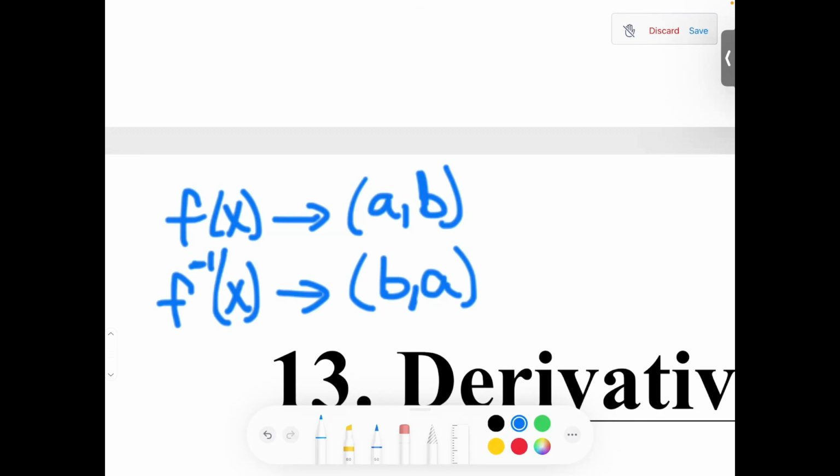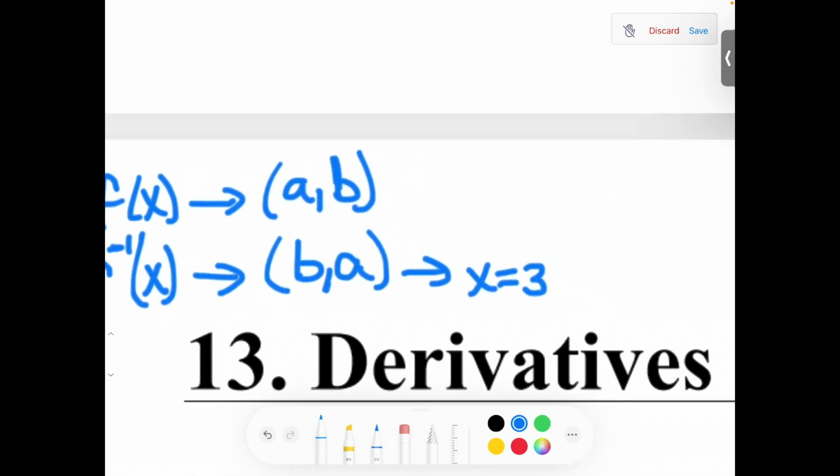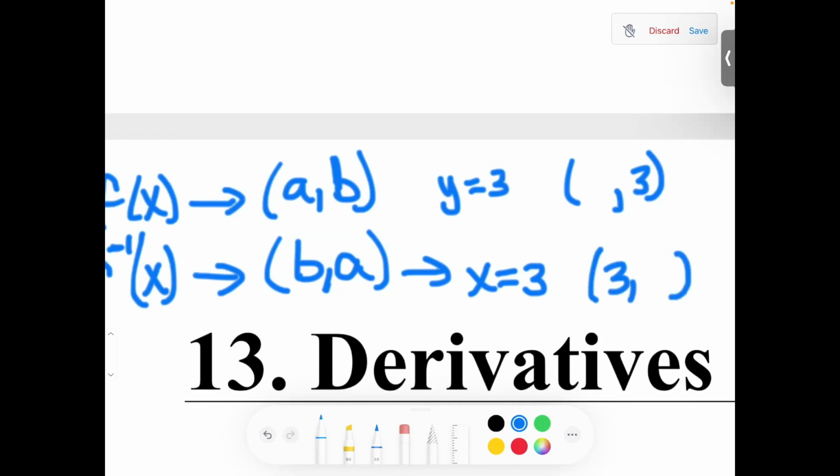But at some point, it does get kind of confusing because it's going to say, for the inverse, something like x equals 3. But what does that really mean? That really means on the original function that y would equal 3. So what we're really looking at here is this idea of something comma 3 for the original function, and then for the inverse, that would be 3 comma something.